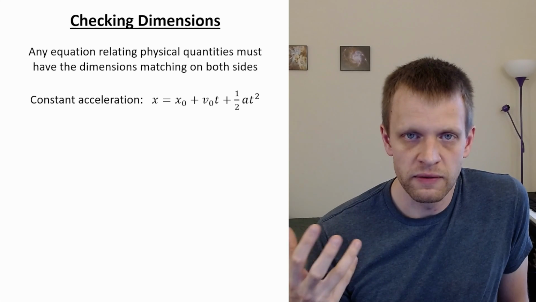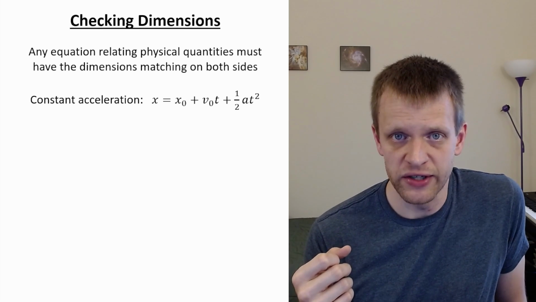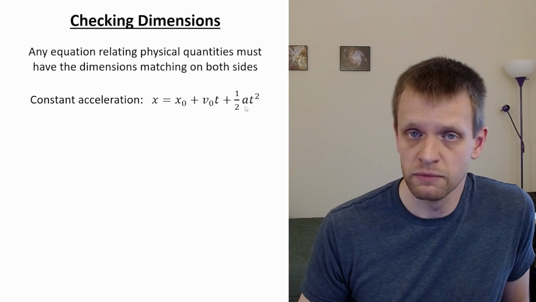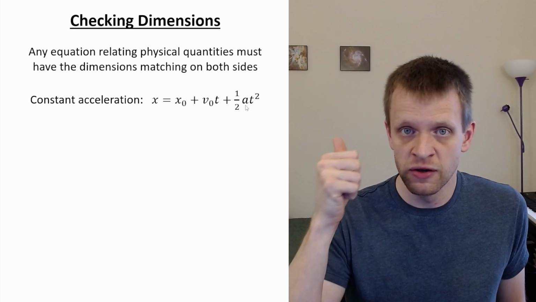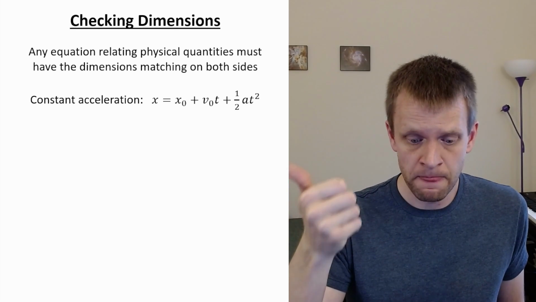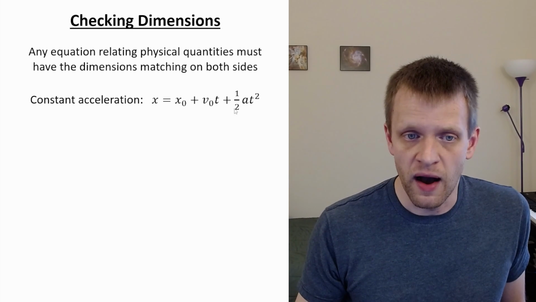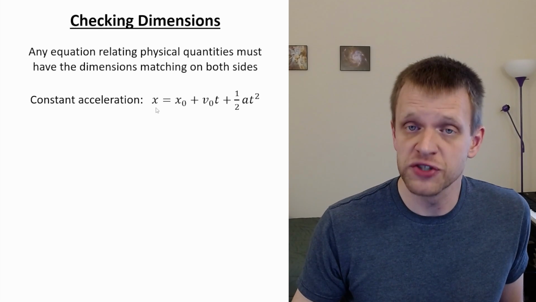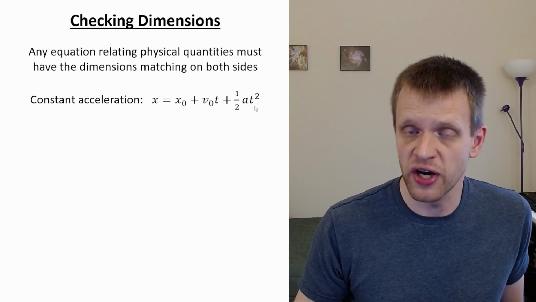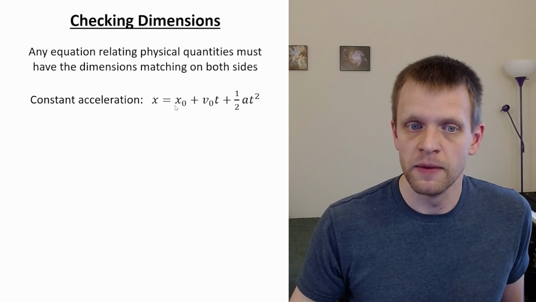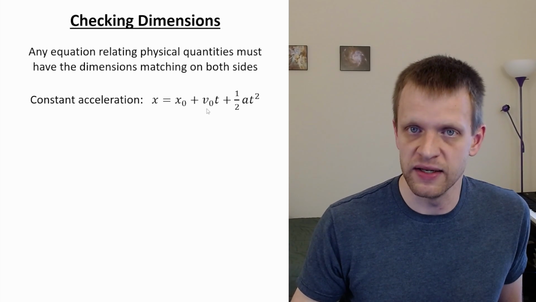So this is one of the constant acceleration equations. If I have an acceleration, little a, that is the same magnitude the whole time, and also the same direction the whole time, then I can find what my position at different times is going to be given my initial position and my initial velocity.